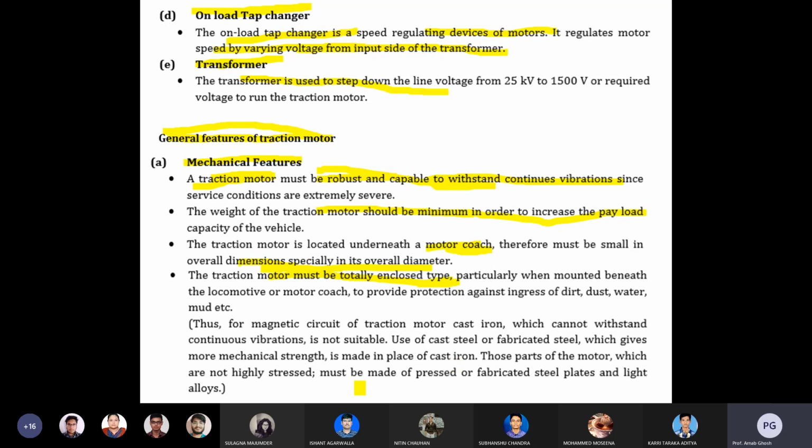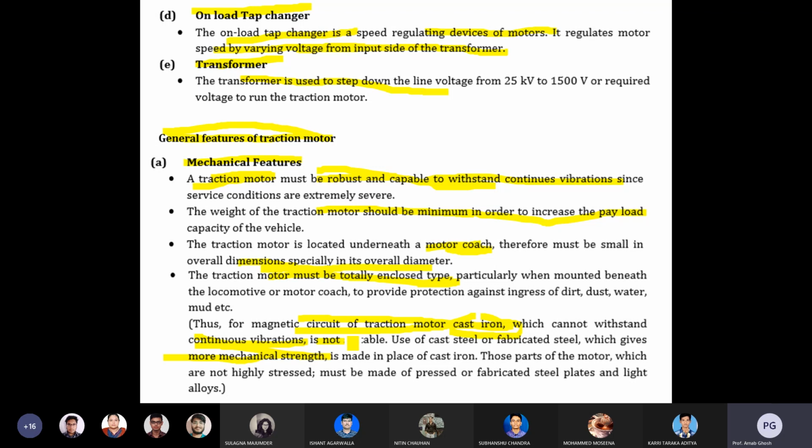Another important feature: the magnetic circuit of a traction motor in cast iron cannot withstand continuous vibrations, so it is not sustainable. So we cannot use that cast iron material. Instead, use fabricated steel, which gives more mechanical strength, in the place of cast iron.